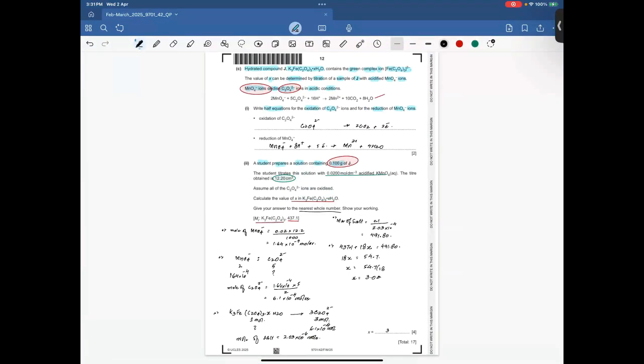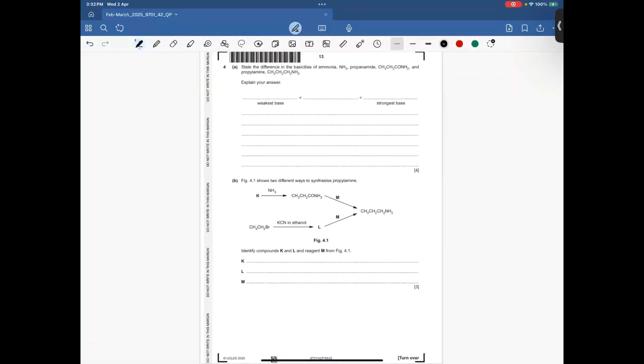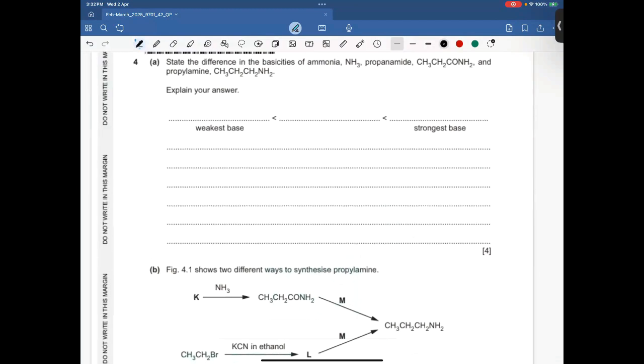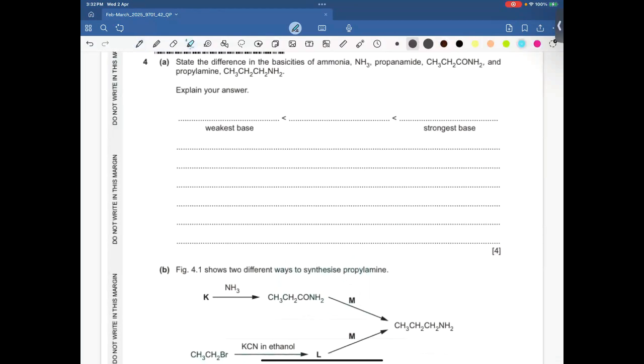All right, so let's move on to the next question. Question number 4. State the difference in the basicities of ammonia, propanamide, and propylamine. By the way, this is an aliphatic amine, and aliphatic amines are stronger bases than ammonia and propanamide.